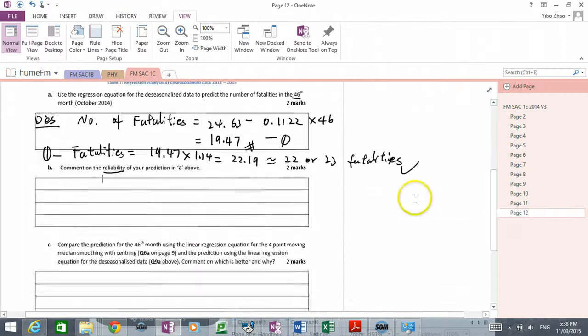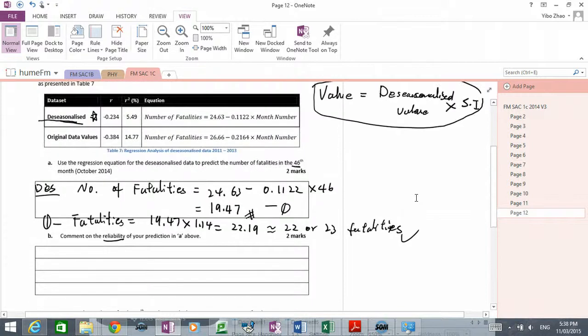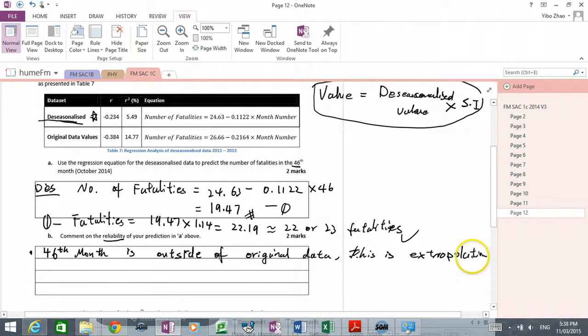So the 46 months is outside of the original data. This is extrapolation.